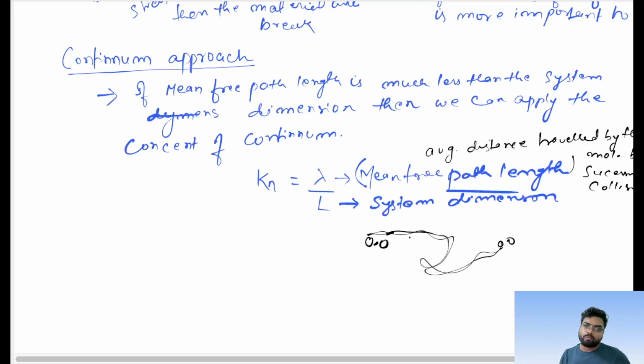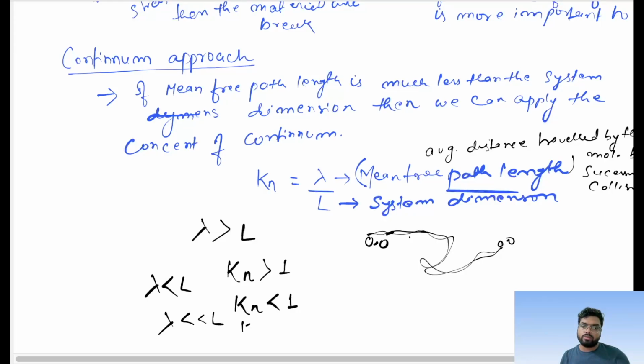So if we have lambda greater than L, then Knudsen number will be greater than 1, and if lambda is less than L, then Knudsen number will be less than 1. If lambda is much less than L, then Knudsen number will be much less than 1, which means that there is a large number of molecules and hence the continuum approach can be applied.